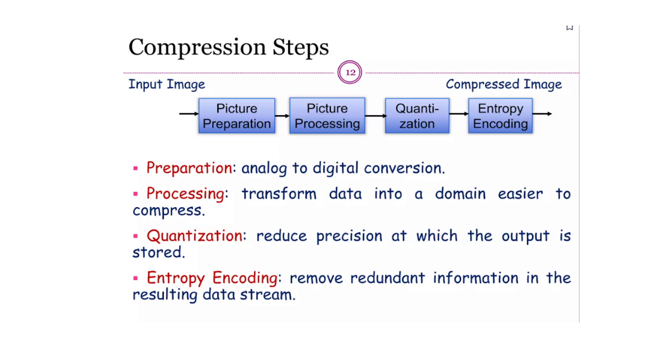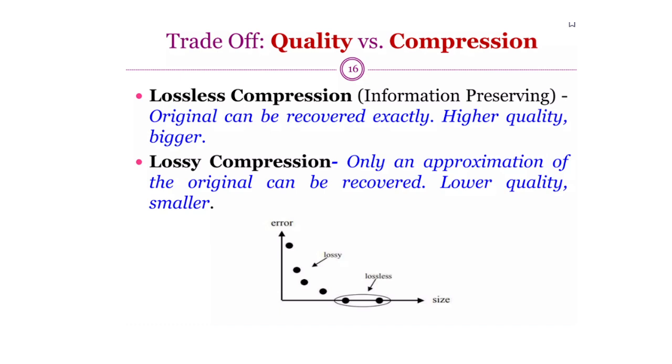All the devices we use for transferring or storing images are digital devices, so you have to convert the analog image to a digital image. Then you have to process the data, transforming it into a form suitable for compression. Then you do quantization to reduce the precision at the output to be stored, and then entropy encoding.